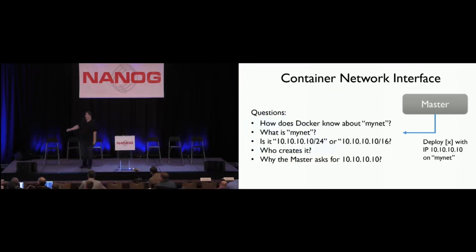But then the orchestrator, knowing the ID of that newly created container, would execute follow-up commands. Now, how does Docker know about that network? Once again, it's a definition that has to sit on the host. How does it know about the subnet mask, et cetera? All of those definitions have to be populated on the host.